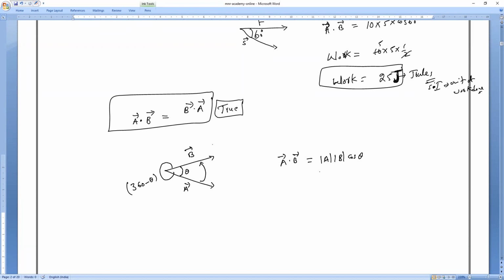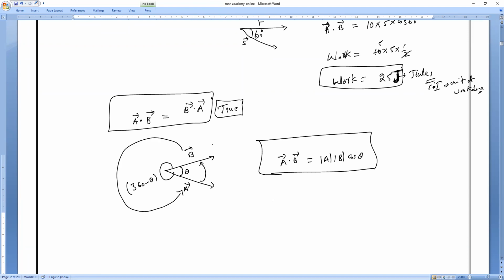Right or wrong? All of you understood? Now B to A means like this. So B dot A is equal to mod B mod A, now cos of what will come? Cos of 360 minus theta. B to A, everybody.